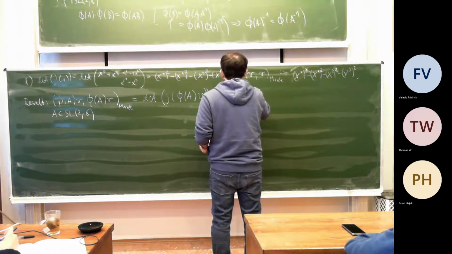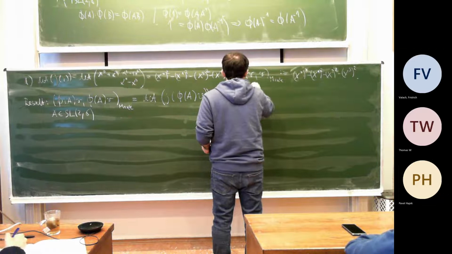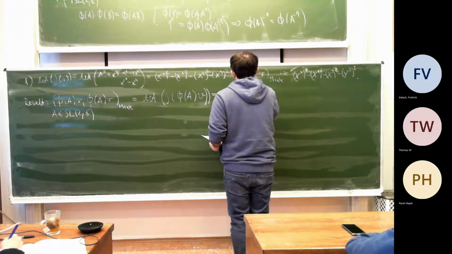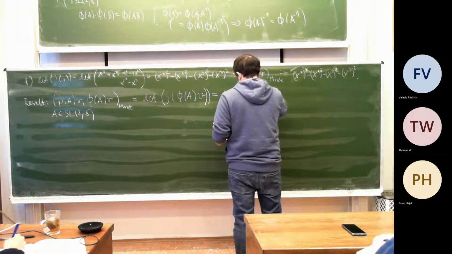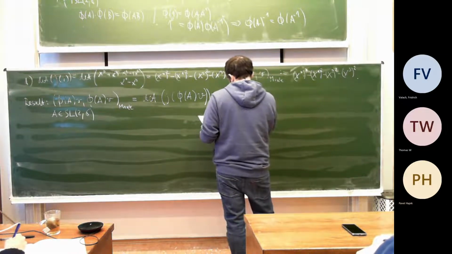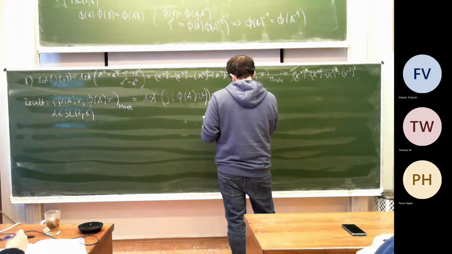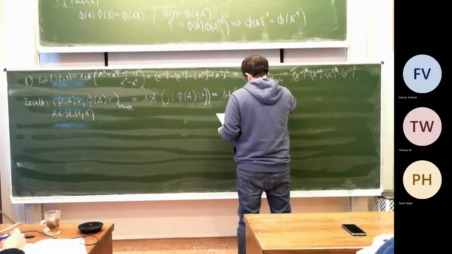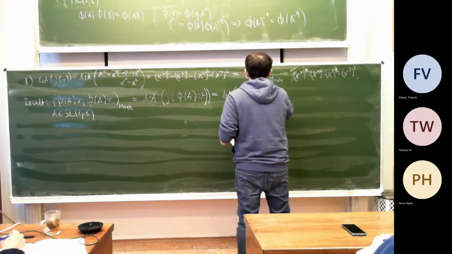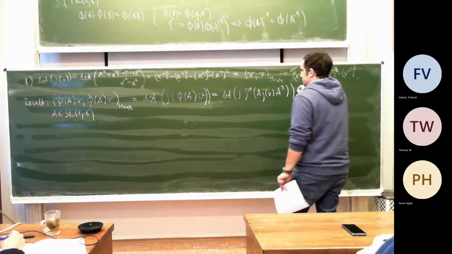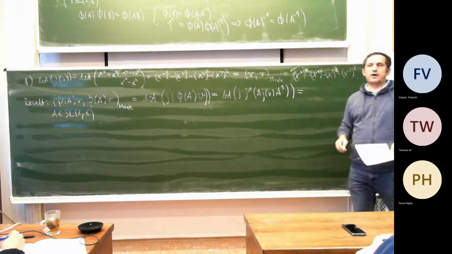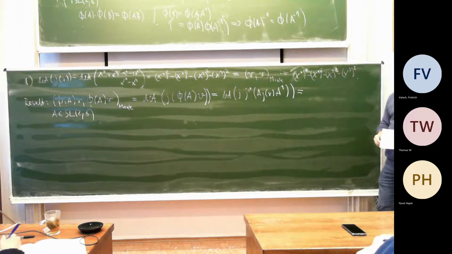Phi is J minus 1 of JV, A JV. Yeah. So only using the definition of phi, which is great.